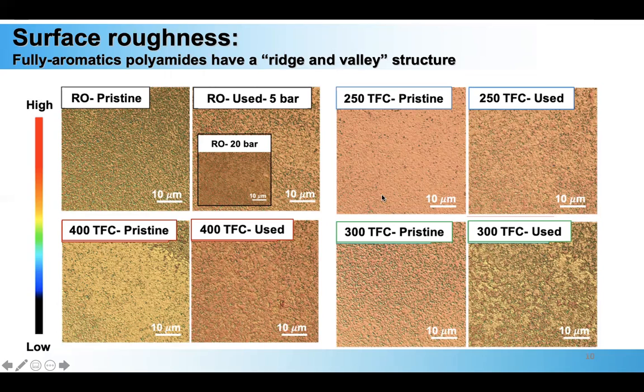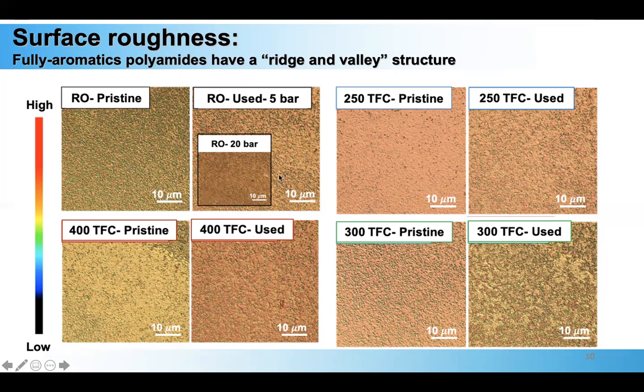So as I said, fully aromatics are rougher on the surface. Their structure is called ridge and valley. If you look at the green dots on the pristine membranes of RO and 400 TFC, we can see that the green dots are more filled out on the used one.